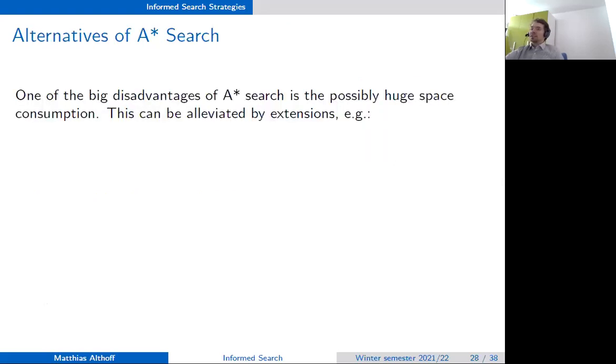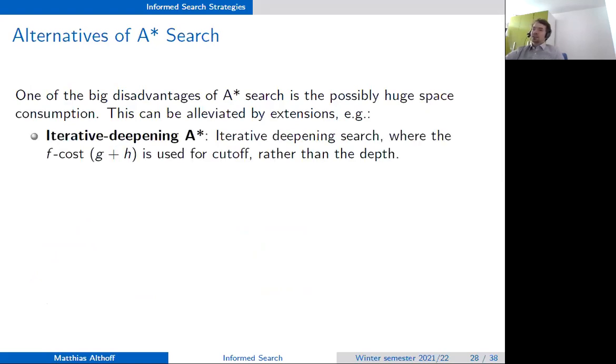Okay. So of course, you've seen that we have this exponential complexity when we use A-star search due to the huge space consumption of A-star search. And there are some ideas how we can alleviate this. So one idea is to use iterative deepening A-star. It's actually iterative deepening search, which we have seen yesterday.